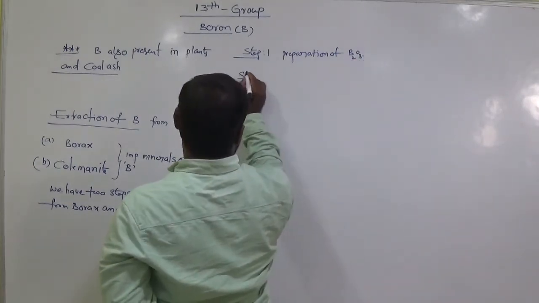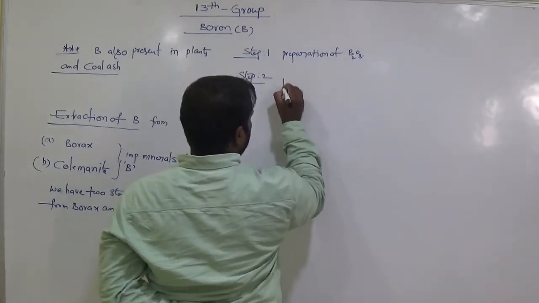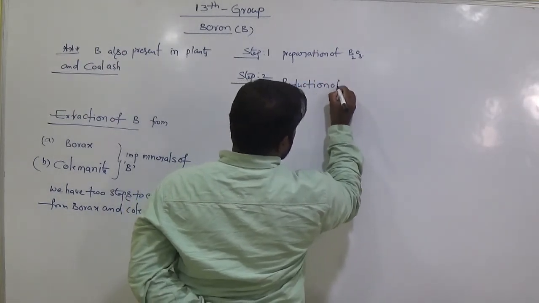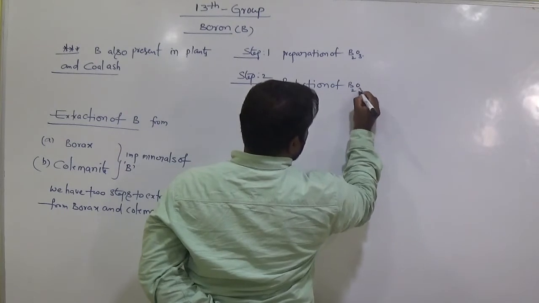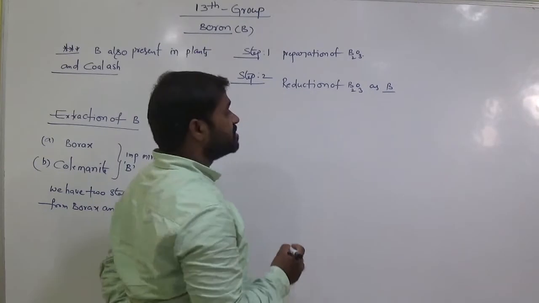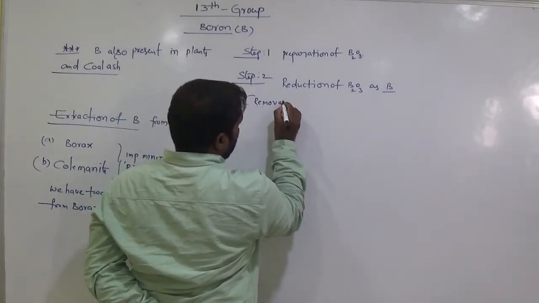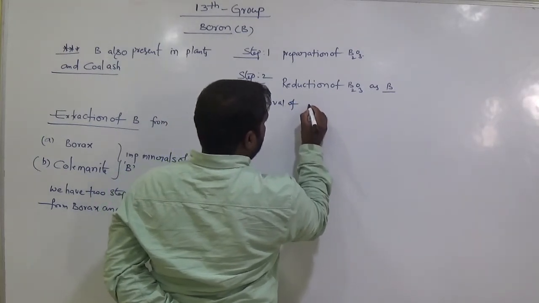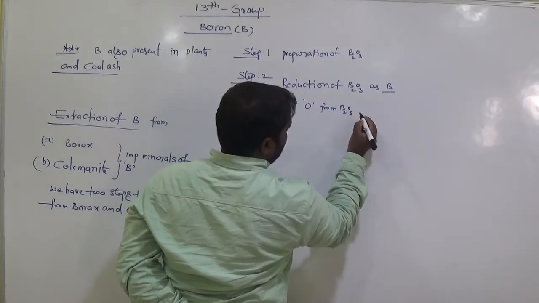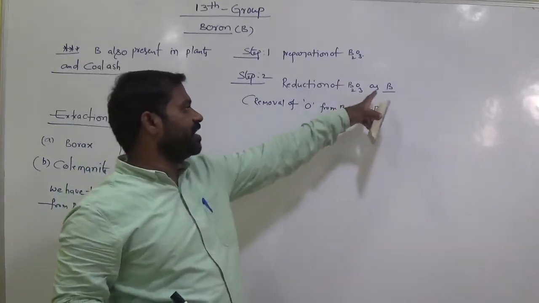The second step is the reduction of B2O3 to boron. Reduction means removal of oxygen from B2O3. If you remove the oxygen from B2O3, we get boron.